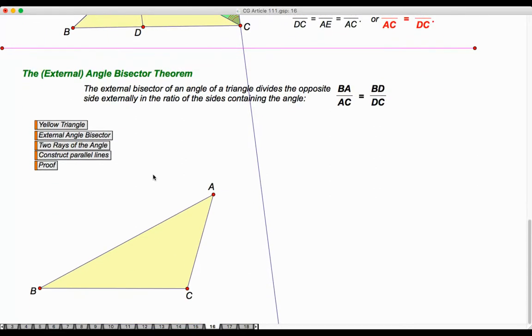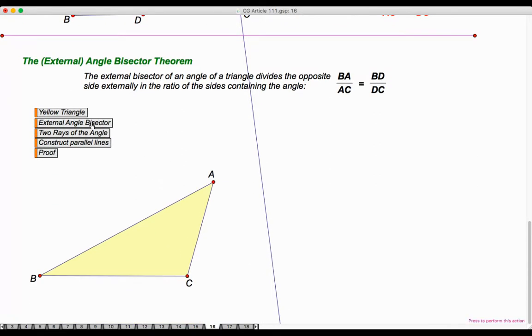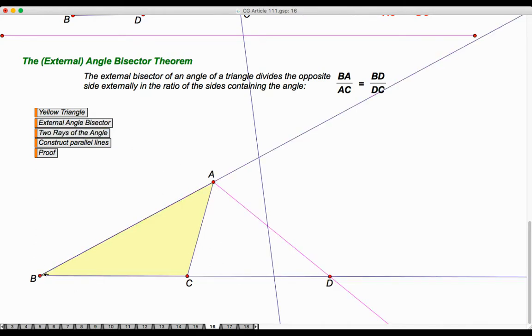So here's my triangle. I extended ray BA, and therefore ray AD is the external bisector of the triangle, okay?